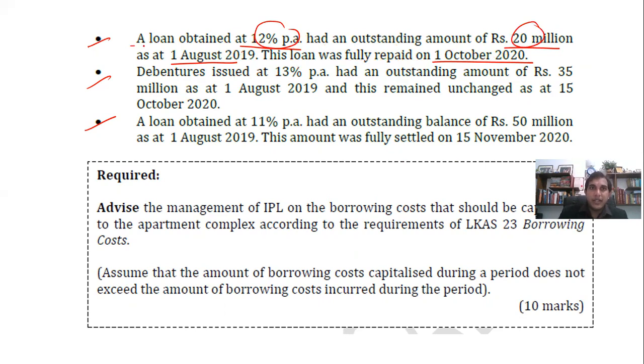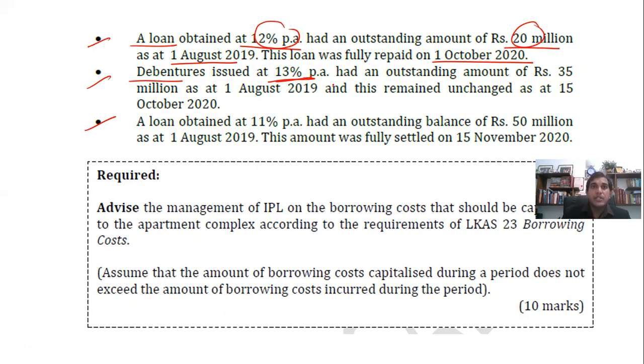Here, this is a loan, another one is a debenture. Somehow they have obtained loans, right? They have borrowed money. 13%, see, now the rates are changed. Different rates. Different instruments, so different rates, because risk levels are different.